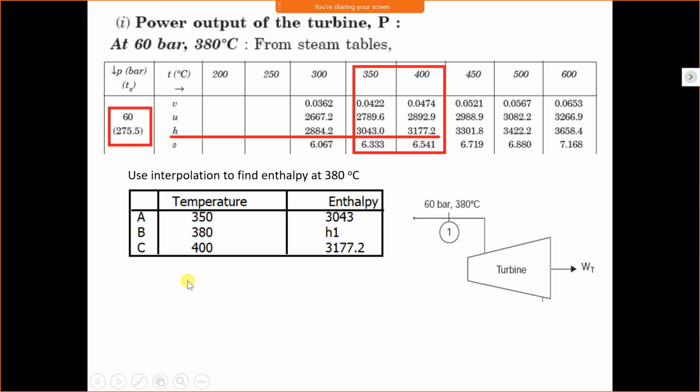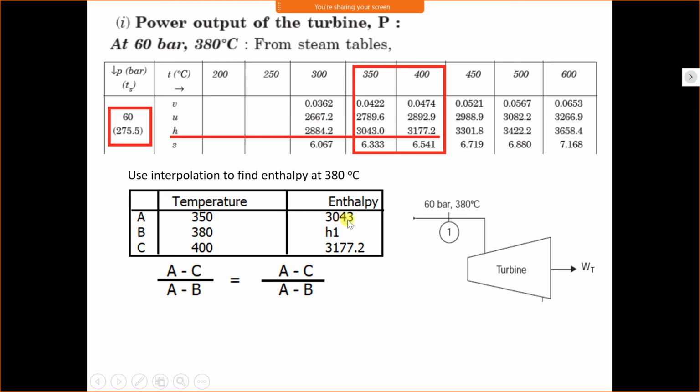Now we have to apply the interpolation formula, that is (A minus C) upon (A minus B). This term I have written below temperature and this term below enthalpy. Temperature A is 350, temperature C is 400, again temperature A 350 and temperature B 380.